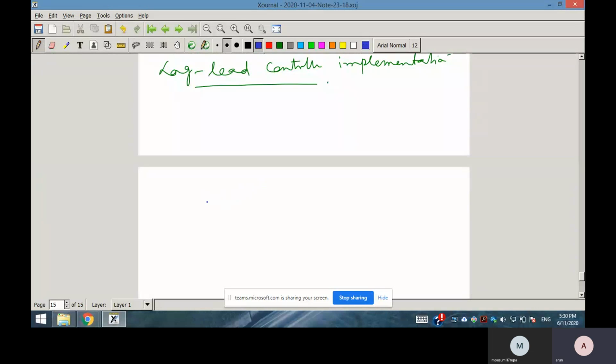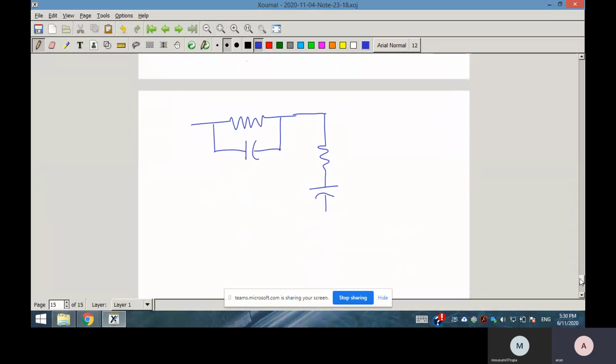So this is your capacitance. This is your V2 and this is your V1(s).